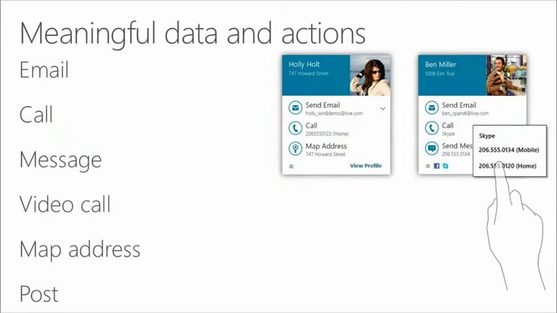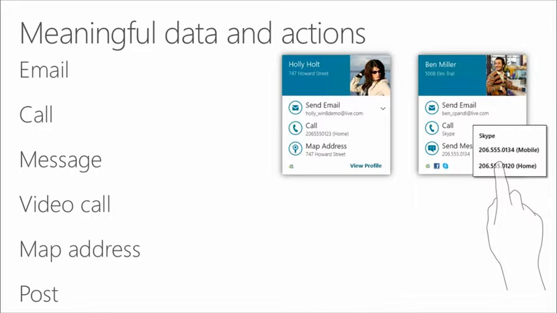So when we're thinking about the contact card, when you look at it, there's really some great meaningful data and actions that are associated with that. Like email and call and message and video call and mapping an address or posting to a social network. And that richness comes through by connecting it to different services and the data associated with those services, like if you have a contact in Exchange that has an address, or you link to Facebook and you have a Facebook contact within there.